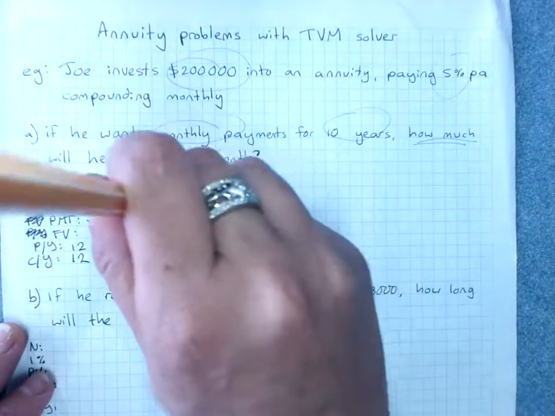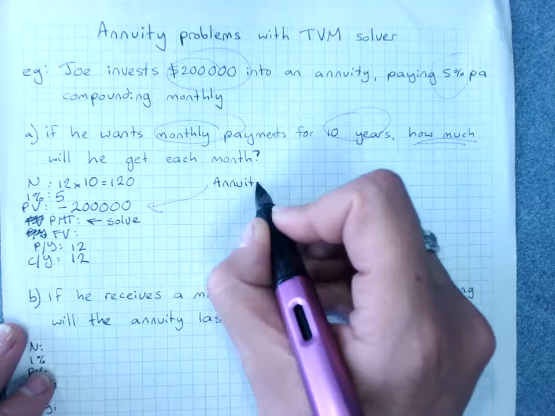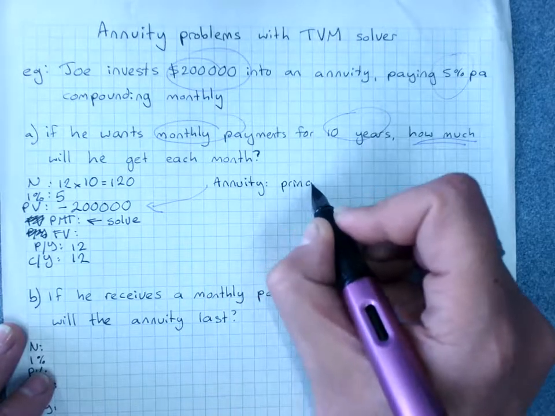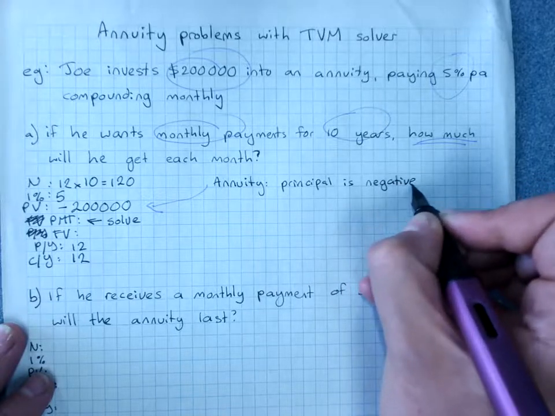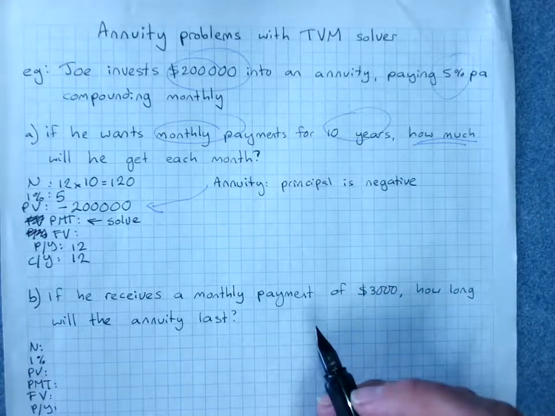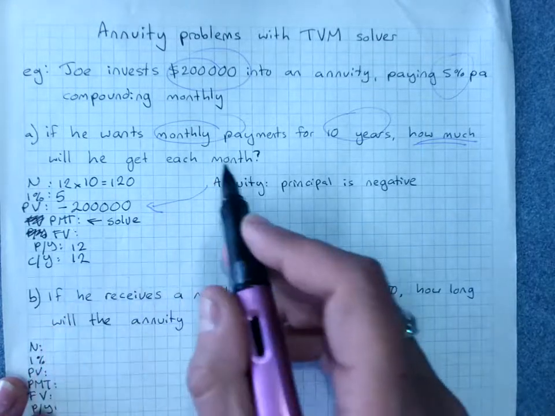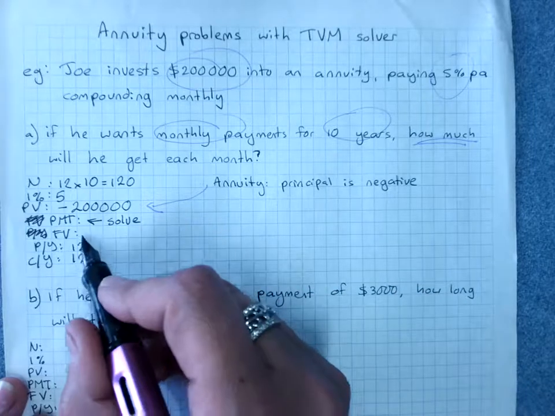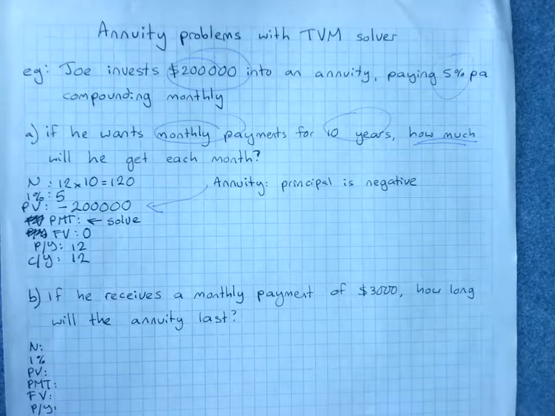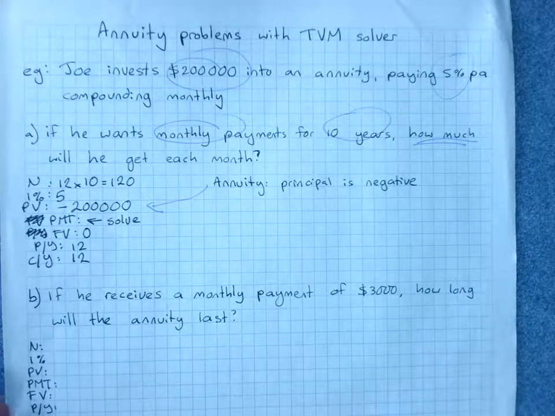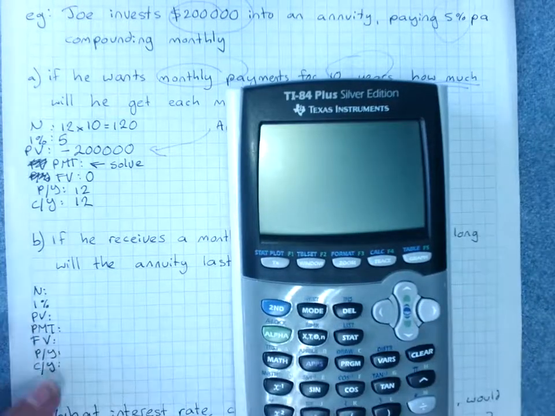So just a little note in there if you want it. So the principal's negative. The future value, of course, we want to pay it down to 0 or withdraw down to 0. So set our future value. And that's everything in. We can solve.